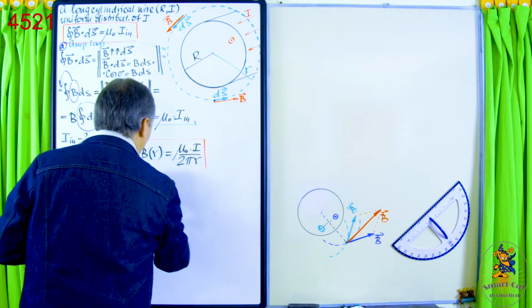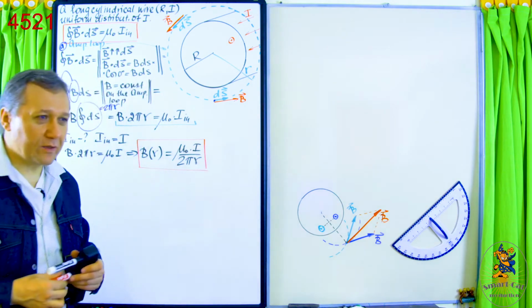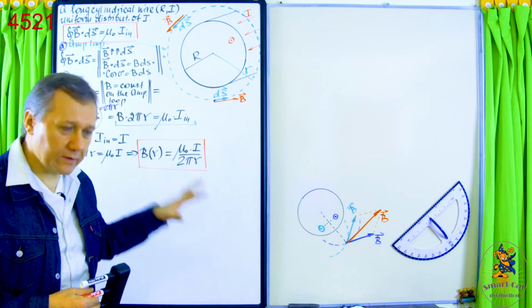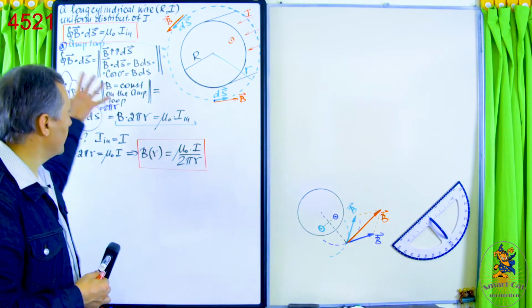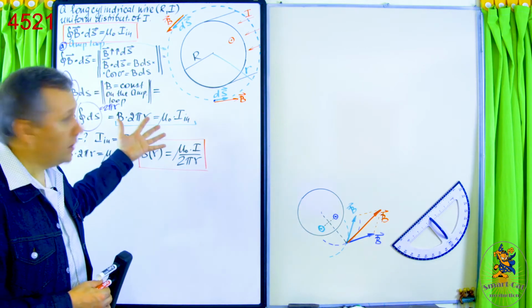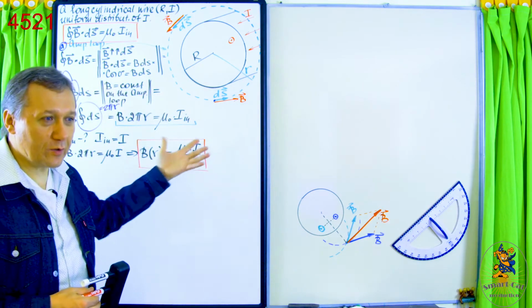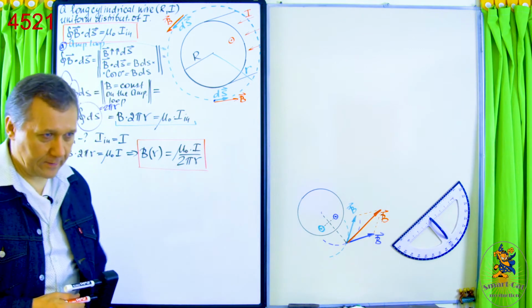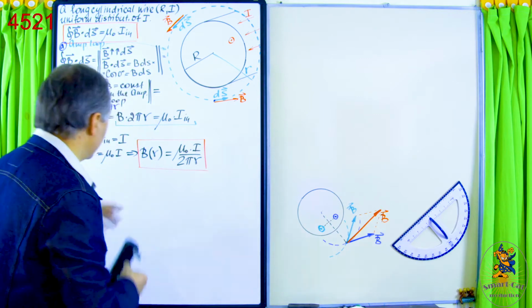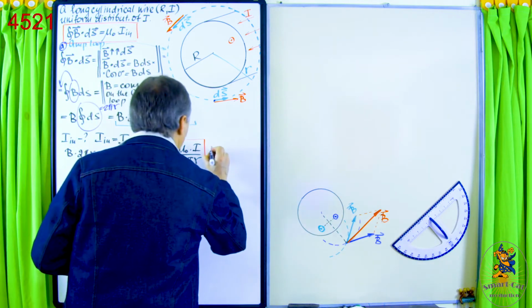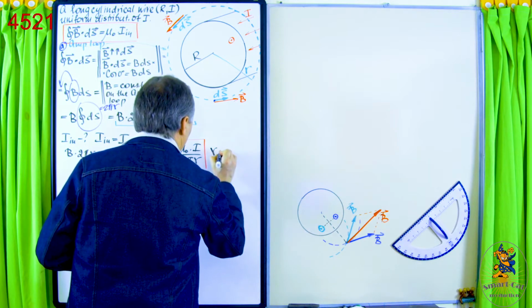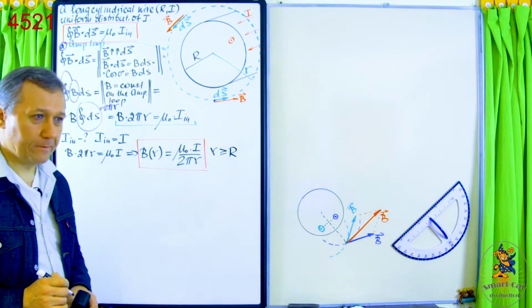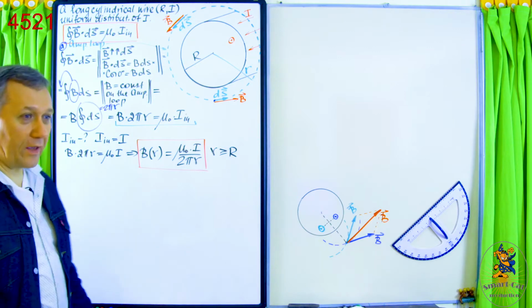I told you, getting this formula using the Biot-Savart law is possible, but significantly more complicated. If I did it without any explanations, I would do it within 1.5 minutes, maybe. So that's for the magnetic field outside, for r larger or equal than capital R.